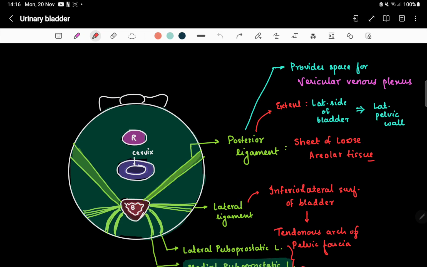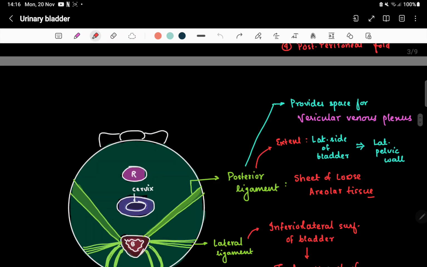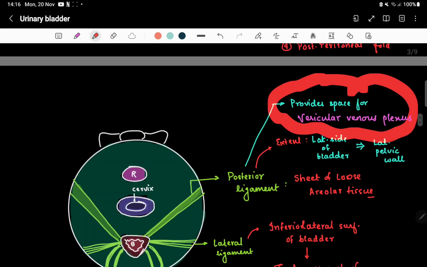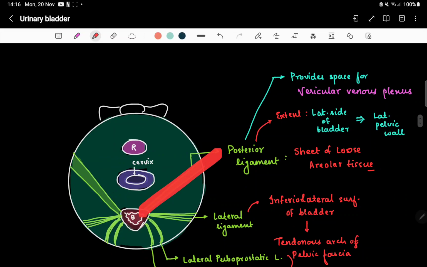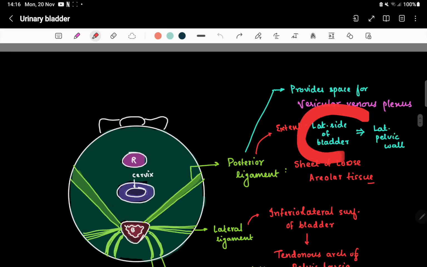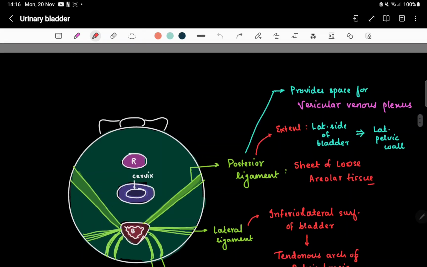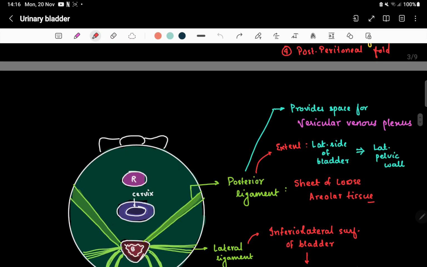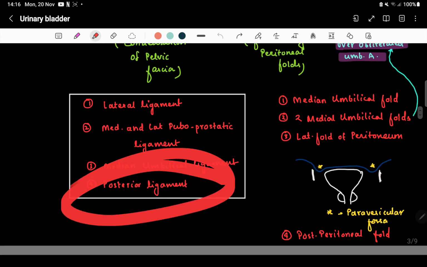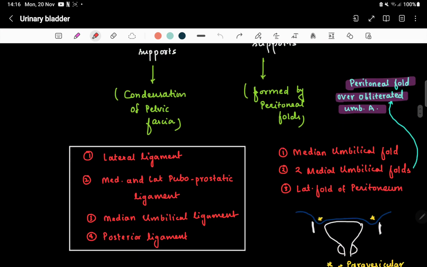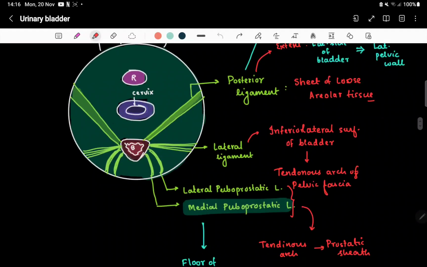It provides space for the vesicular venous plexus. It is attached from the lateral side of the bladder to the lateral pelvic wall, and you can see it is forming a true support for the urinary bladder.